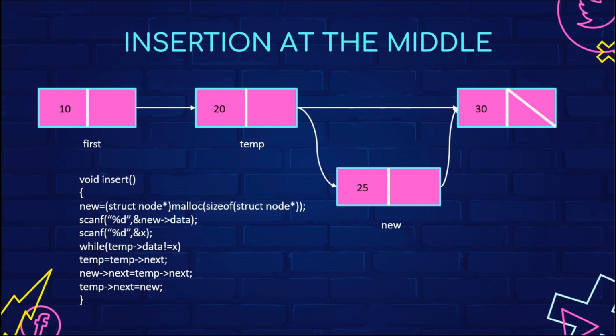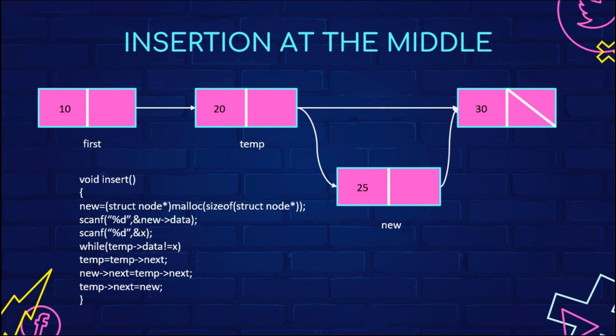Assume in this linked list we have to insert a node after 20. So we move the temporary variable to 20, and in order to establish a connection between the temporary node and the new node, we usually do temp of next is equal to new. But if we do that here, we will lose the address of the node with data 30.